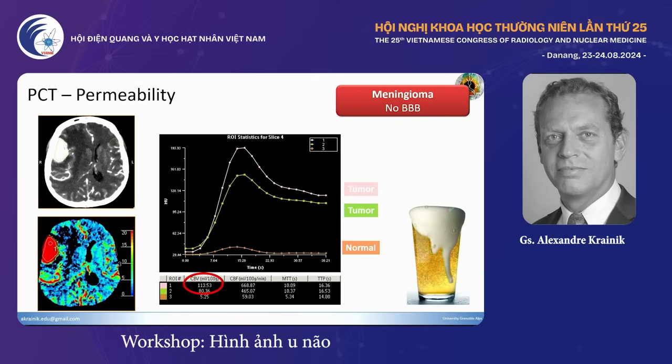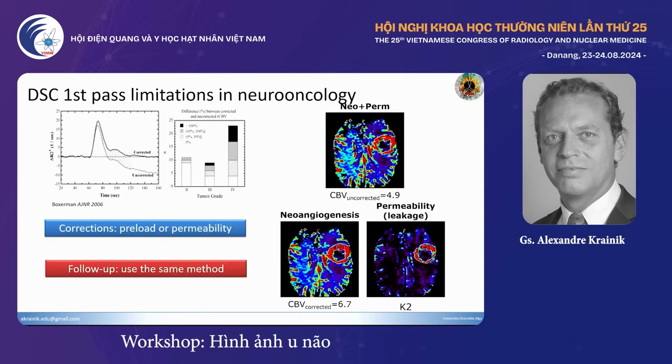It means it's roughly too much. Then you see the abnormal calculation of the software is only due to the fact that, instead of considering this, normally it should go back to baseline. Because of the leakage, it overestimates the value of the cerebral blood volume.